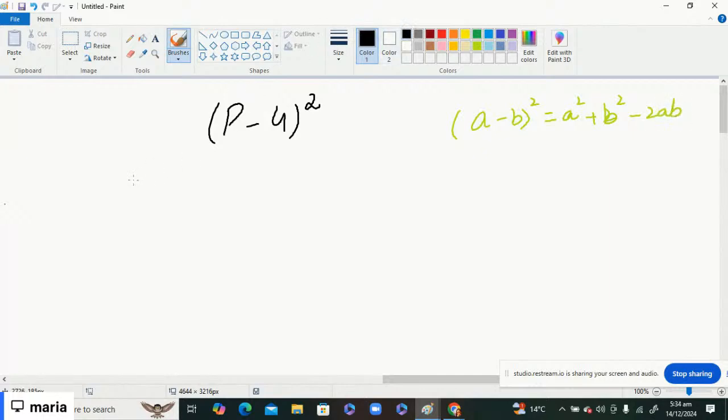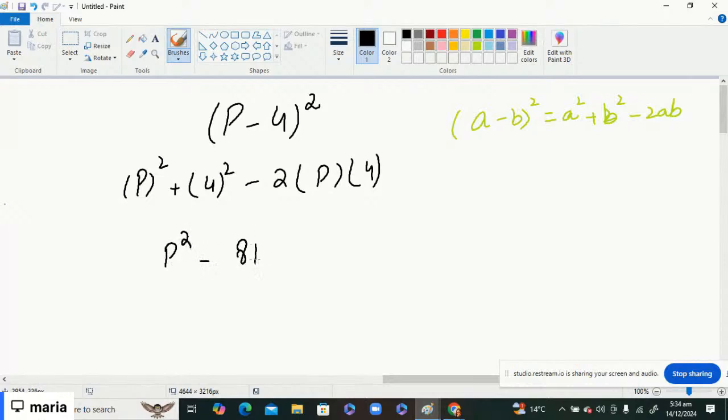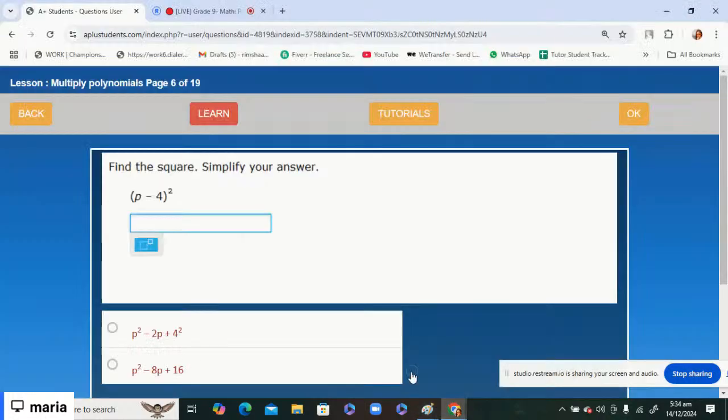So now P is your A. P square plus 4 square minus 2A and B. It's P square minus 8P plus 16.